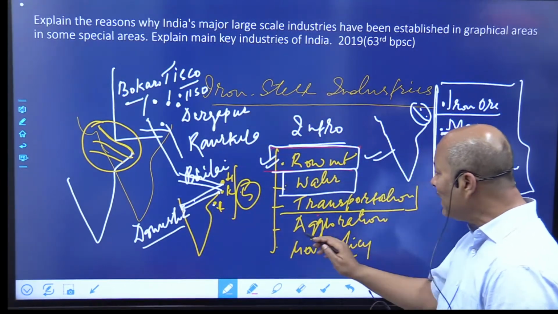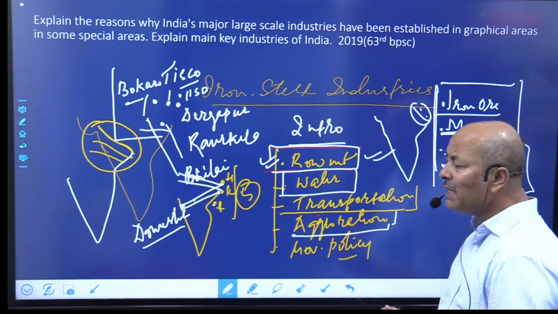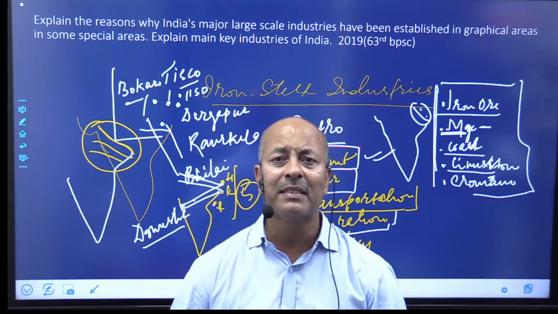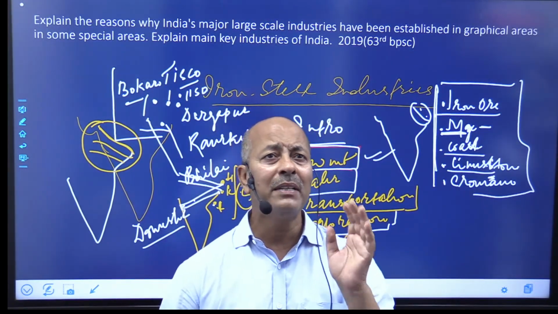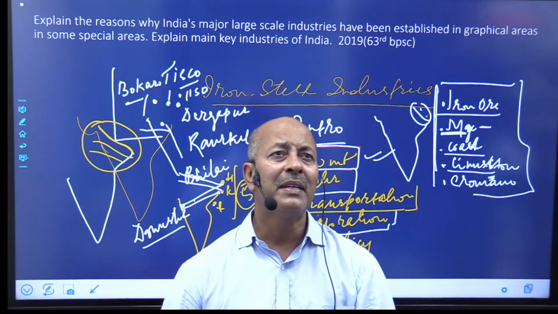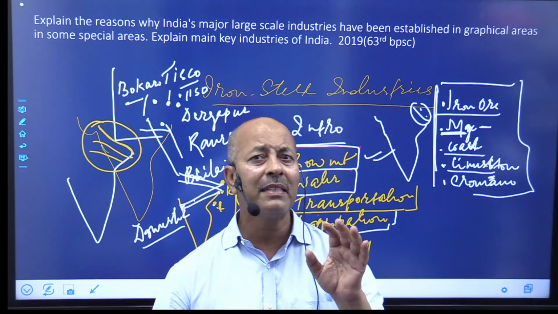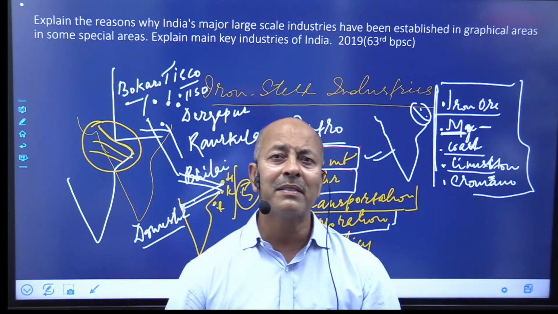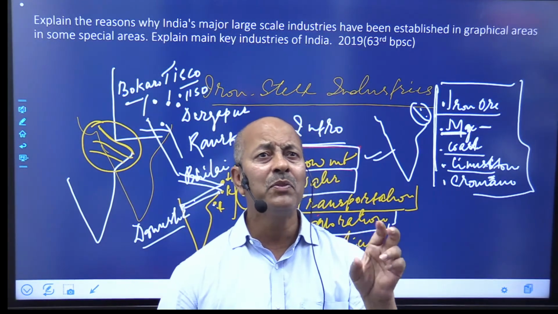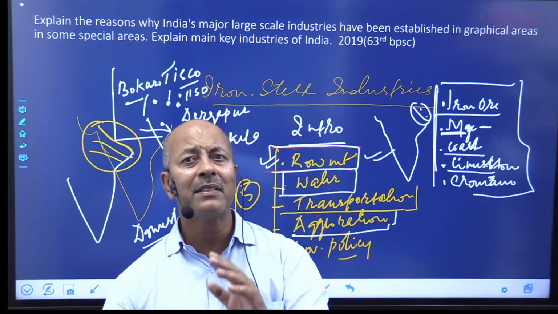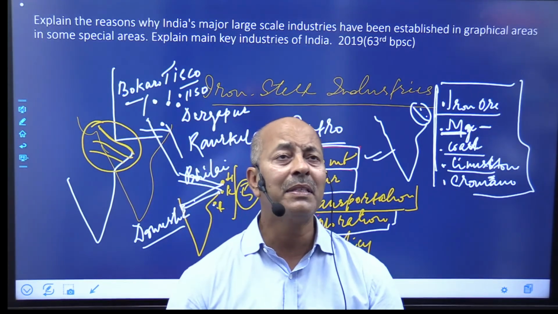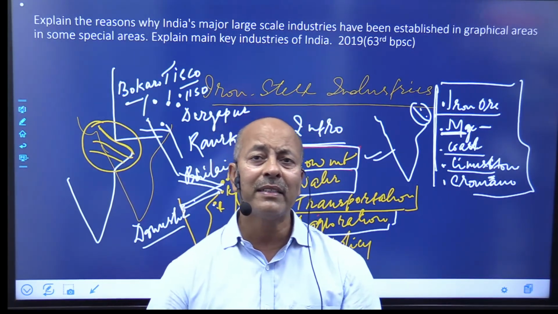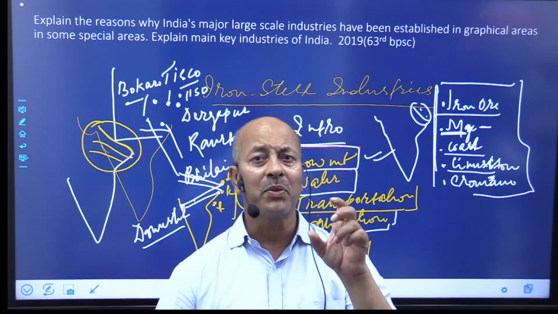Now we find agglomeration. Sometimes agglomeration is very useful for the growth of industry. Agglomeration means the benefit of infrastructure. Once the first industry comes to the area and develops roads, railways, and electricity, it becomes very useful for other incoming industries to establish themselves in that area. Take the example of the Chotanagpur region, where you find the growth of TISCO.